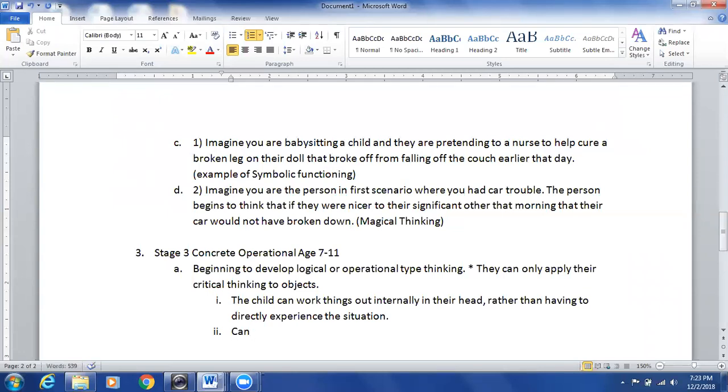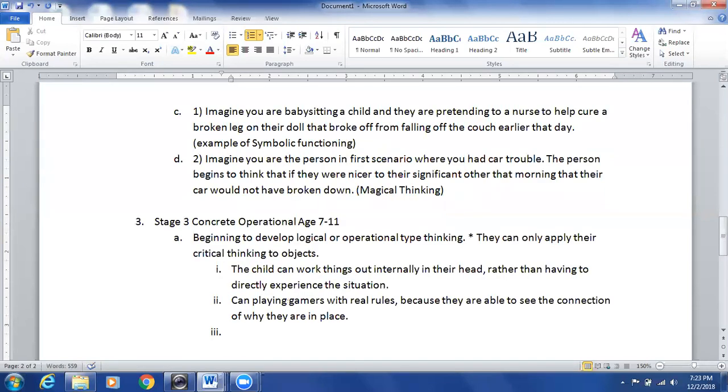Beyond that, they can begin to start playing games with real rules, because they are able to see the connection of why the rules are in place, which makes it a lot easier.